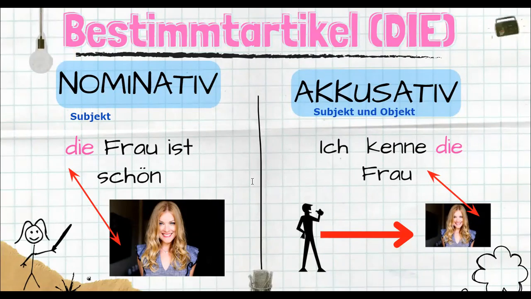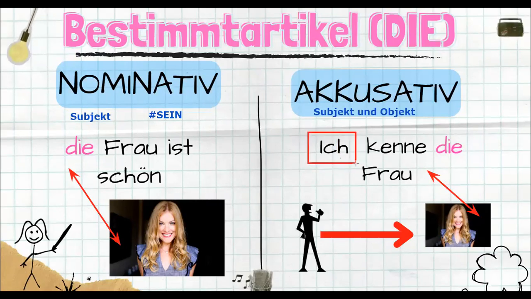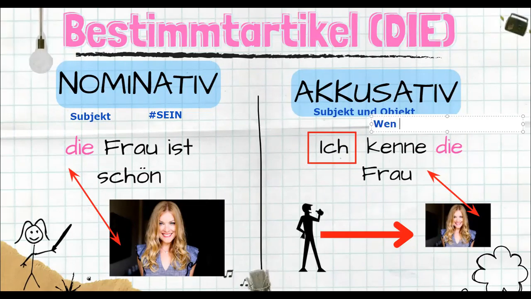Die Frau ist schön. Die Frau is a subject, nominative, always with the verb to be. And then, ich kenne die Frau. I know the girl. So always, guys, when we have a subject right here, it is because there is an object. So whom do you know? Wen kennst du?